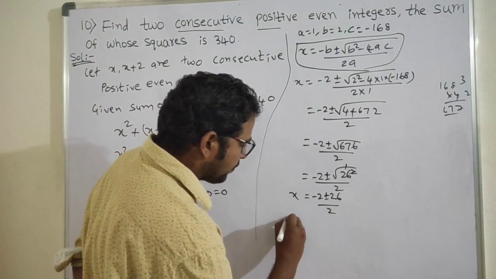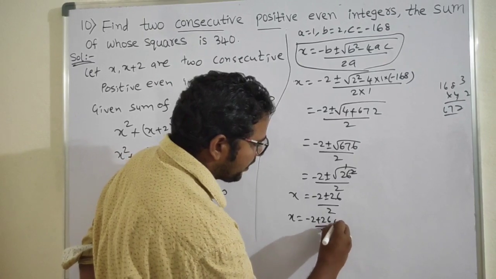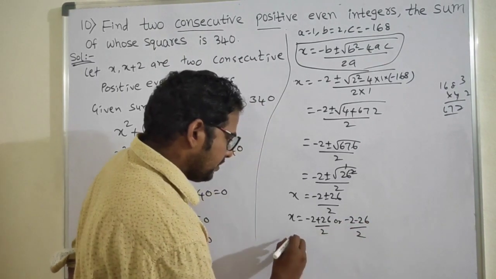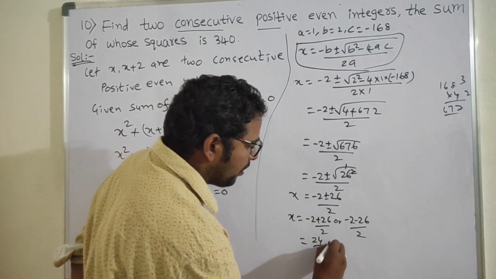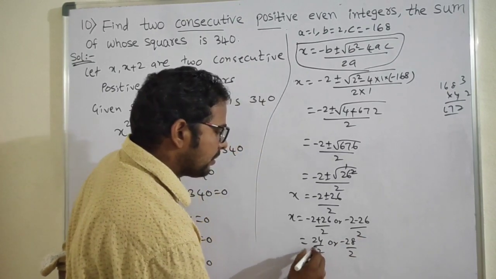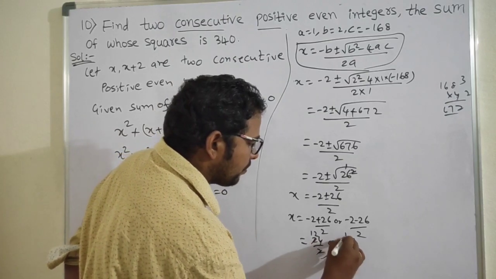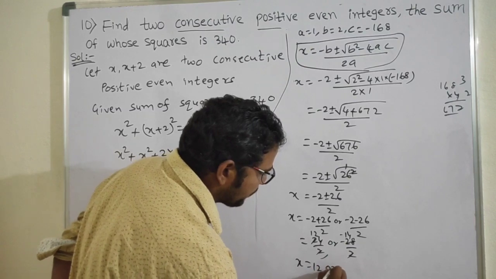So x equals minus 2 plus 26 by 2 or minus 2 minus 26 by 2. That is 24 by 2 or minus 28 by 2. So x equals 12 or minus 14.